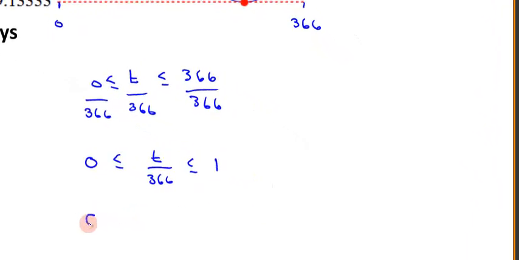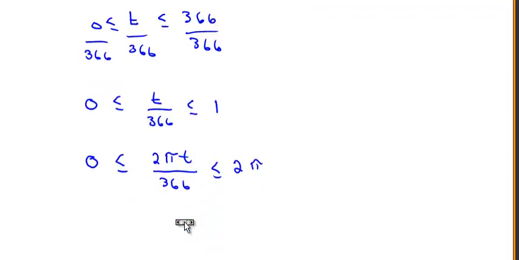0 times 2 pi is 0, less than or equal to 2 pi times t over 366, less than or equal to 1 times 2 pi, which is 2 pi. So as t goes between 0 and 366, the expression 2 pi t over 366 is going to go between 0 and 2 pi, and sine will complete one period as we wanted it to.